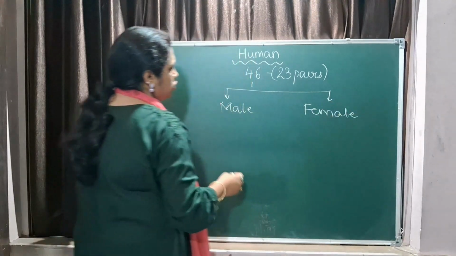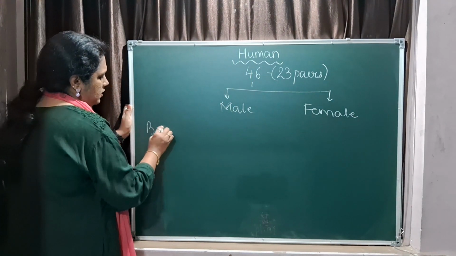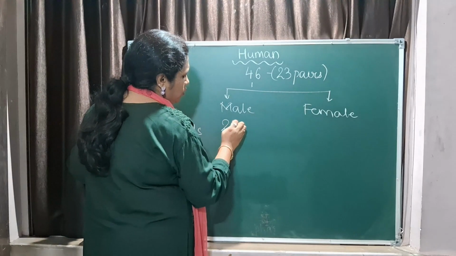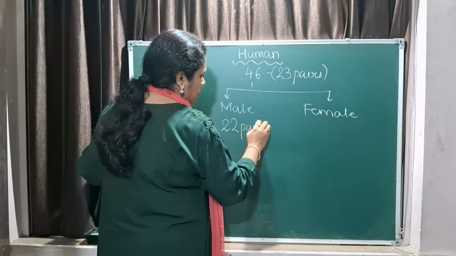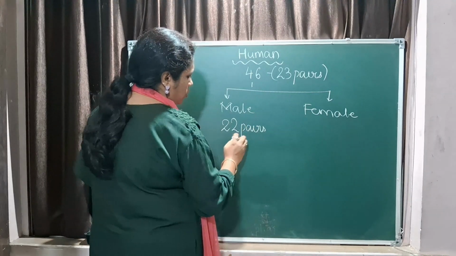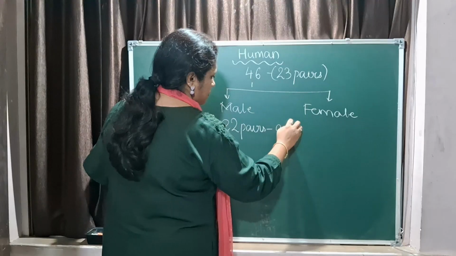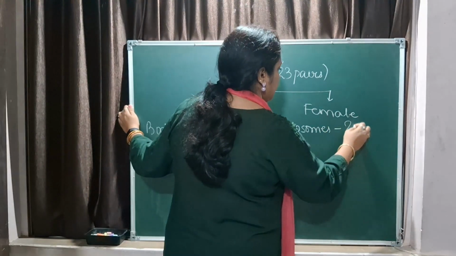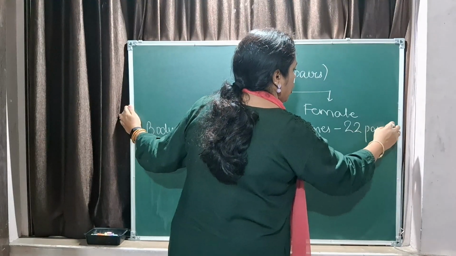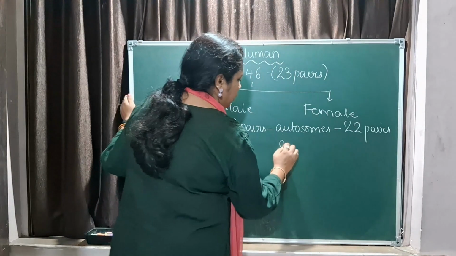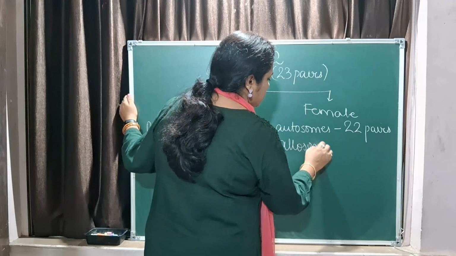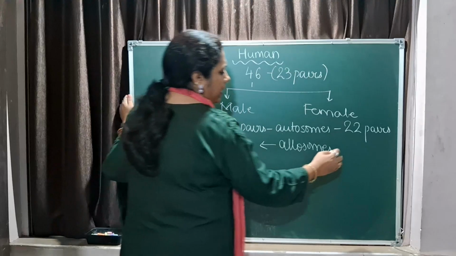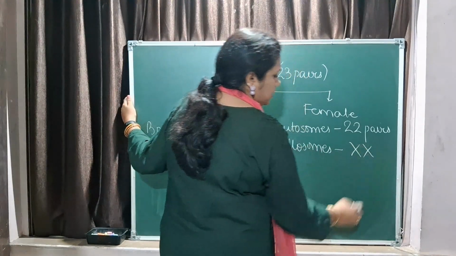For the general body cells, the male has 22 pairs of autosomes, and the same is the case for the females, 22 pairs of autosomes. And when you talk about allosomes or sex chromosomes, the males have got XY and the female has got XX.